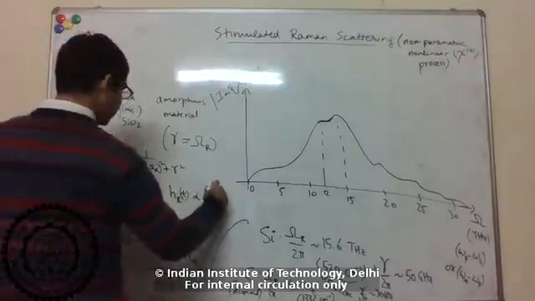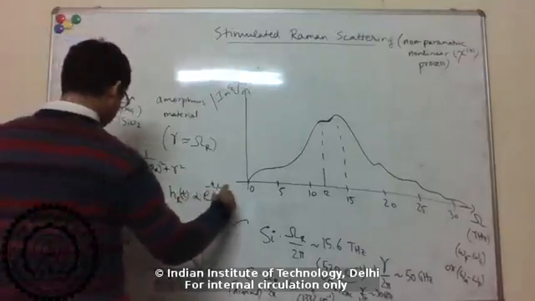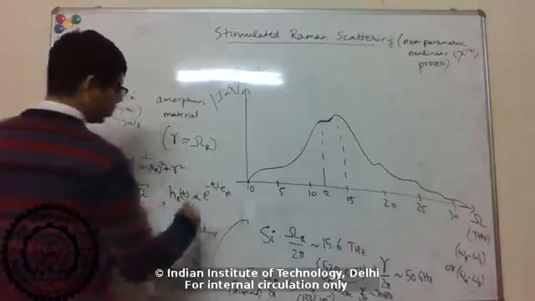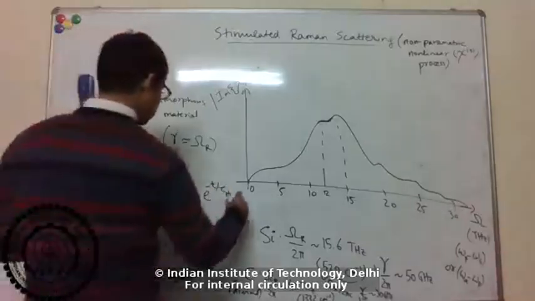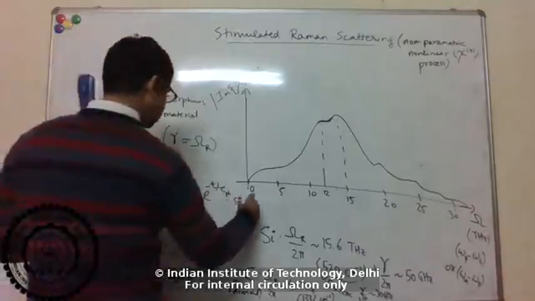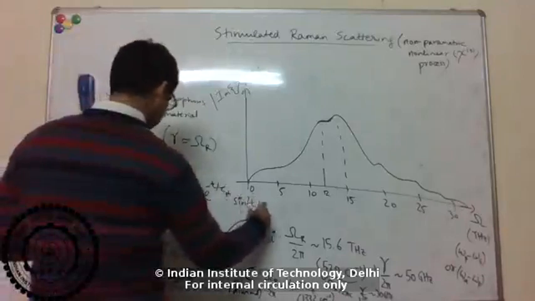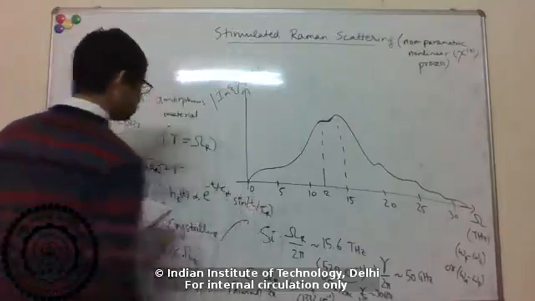I can write it as an exponentially decaying function, e to the minus t over tau phonon, times the sinusoidal function of t over tau r.